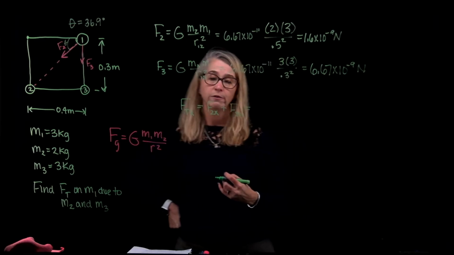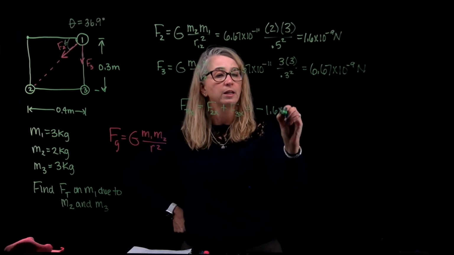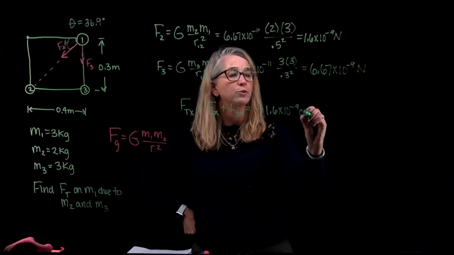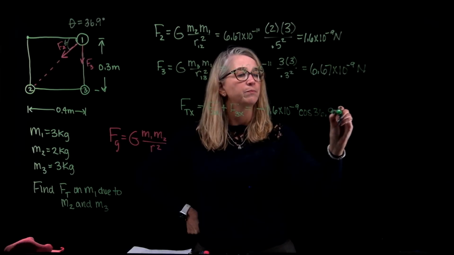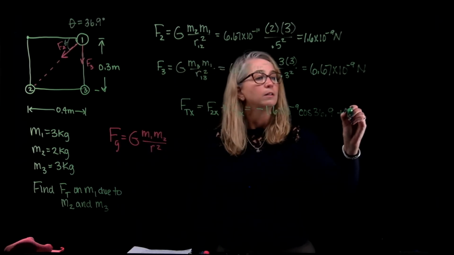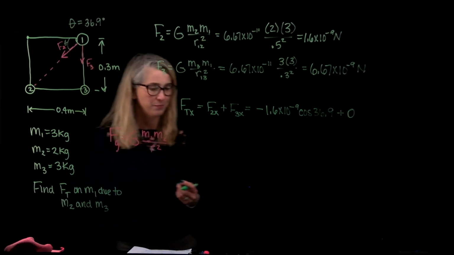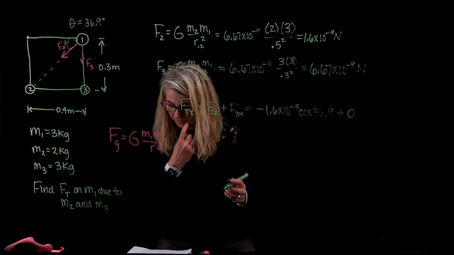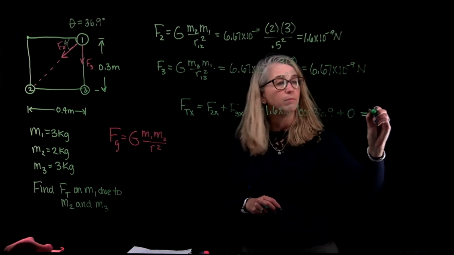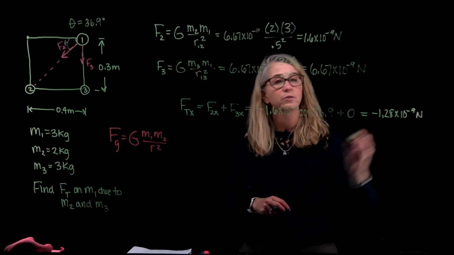So the x component of force 2 is in the negative direction. It's going to be 1.6 times 10 to the minus 9, that's the magnitude of F2, multiplied by the cosine of 36.9. F3 doesn't have an x component because it's pointing straight down. So the total x component is going to be minus 1.28 times 10 to the minus 9 newtons.